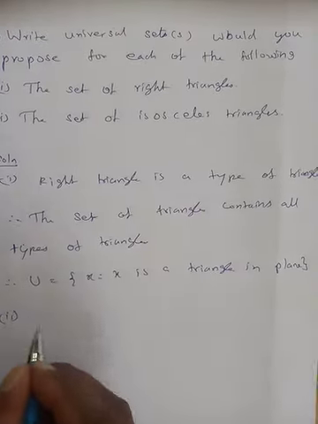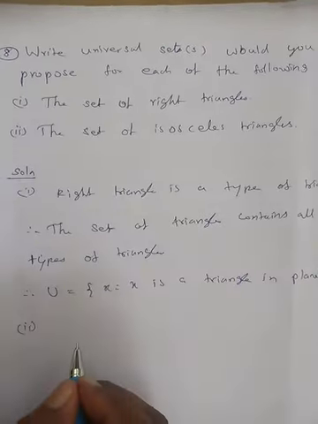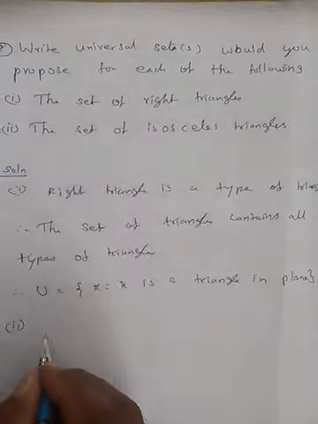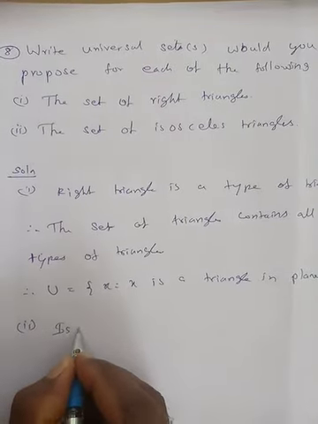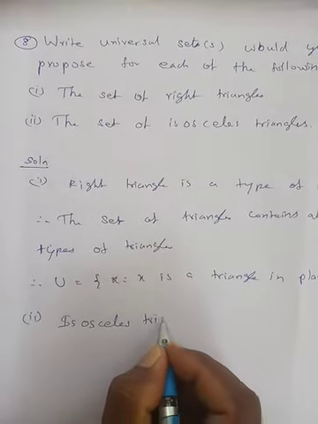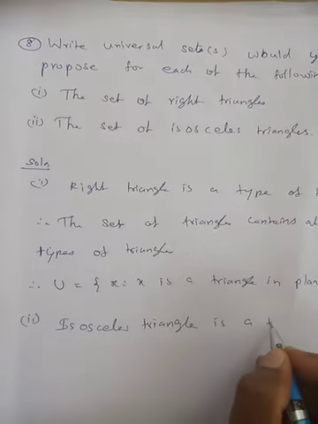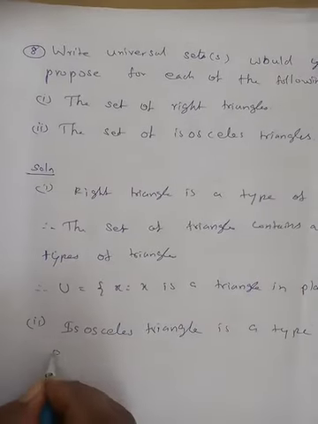Second one, the set of isosceles triangles. An isosceles triangle is also one kind of triangle. An isosceles triangle is a type of triangle.